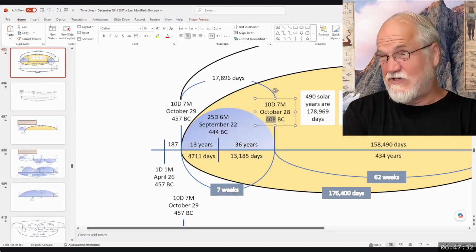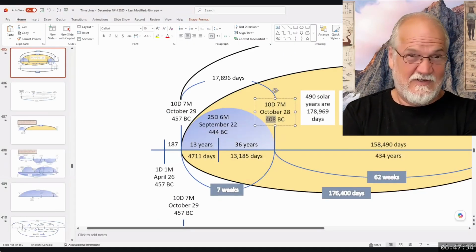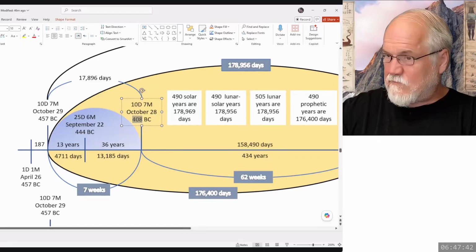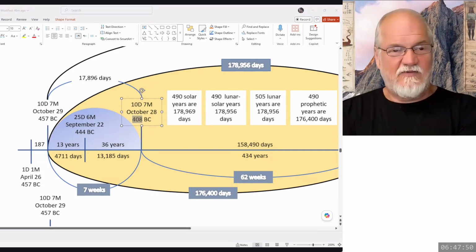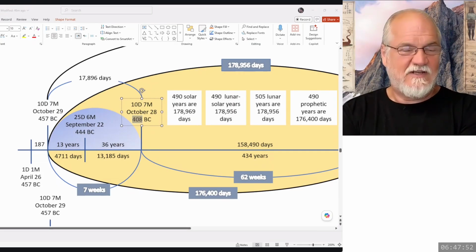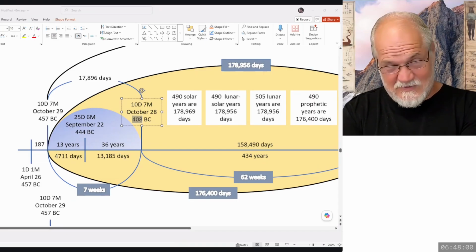The primary division is the 13 and the 36. Do you add the 15 days on the 391? Not to get to July 27th. You have to add the 15 days to get to August 11th, right? But he's counting 391 years from July 27th to July 27th.